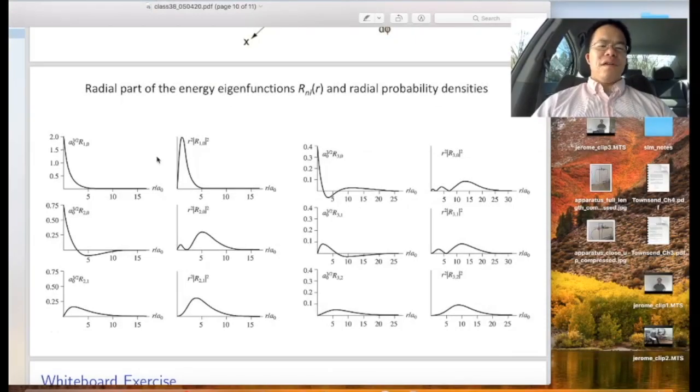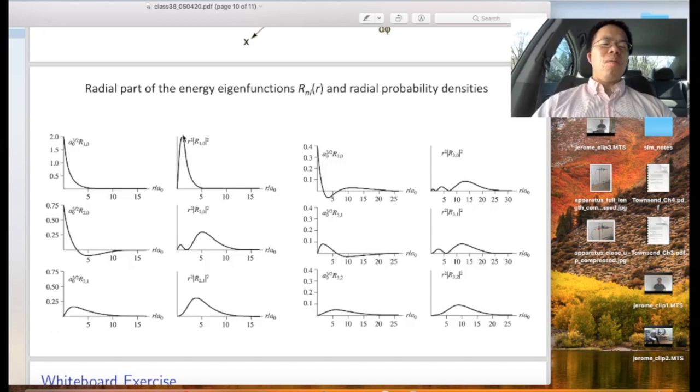Finally then, here's a slide of the radial part of the energy eigenfunctions and the radial probability density. Remember that even though the radial part of the wave function is peaked at r equals 0, that's not where the radial probability density peaks when we multiply by r squared.